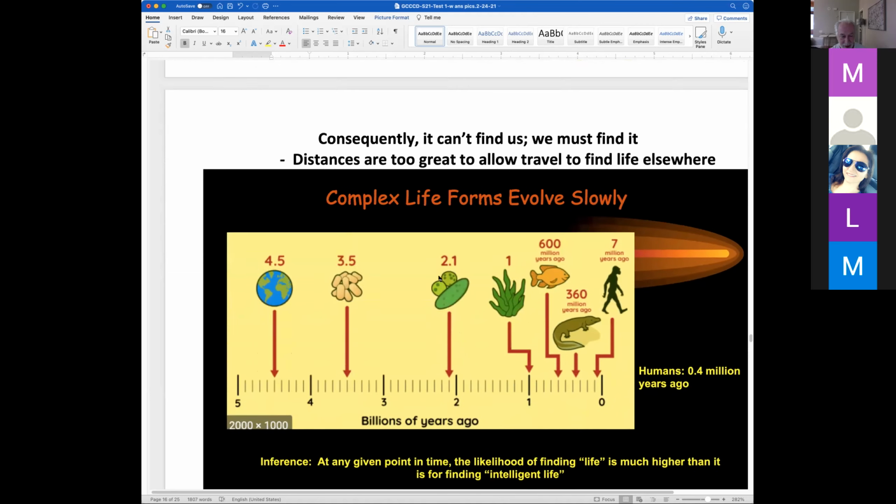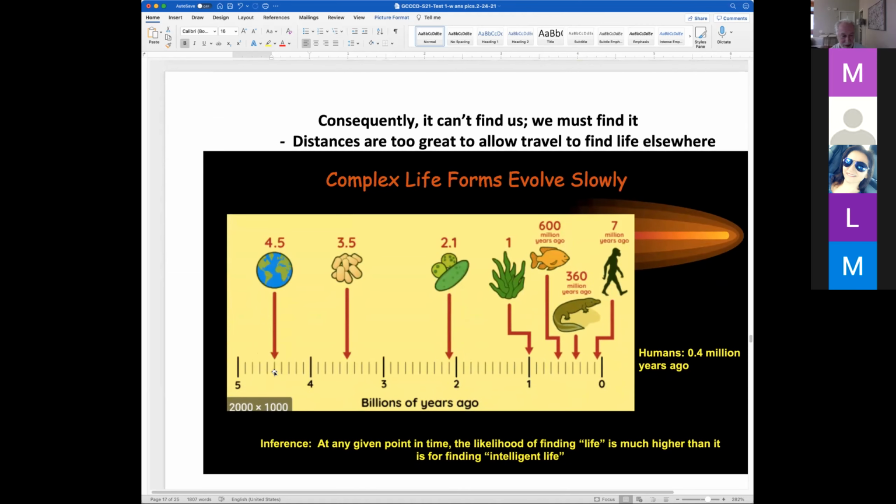It's derived primarily from this illustration, billions of years and life. Life has existed for about 3.5 billion years on this planet. Intelligent life is way down here, almost non-existent in terms of time.